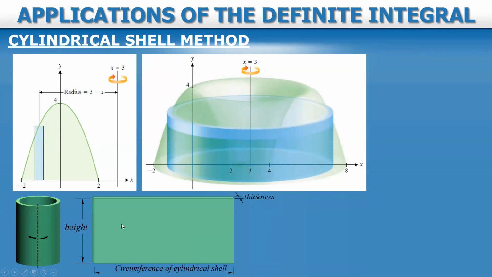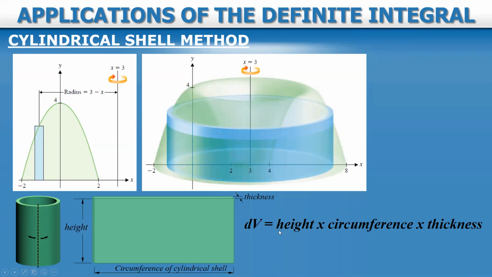So the volume of this is similar to the volume of a rectangular parallelepiped, which is length times width times height. So your dV is the height of your strip, times the circumference, which depends on the radius, and then the thickness.